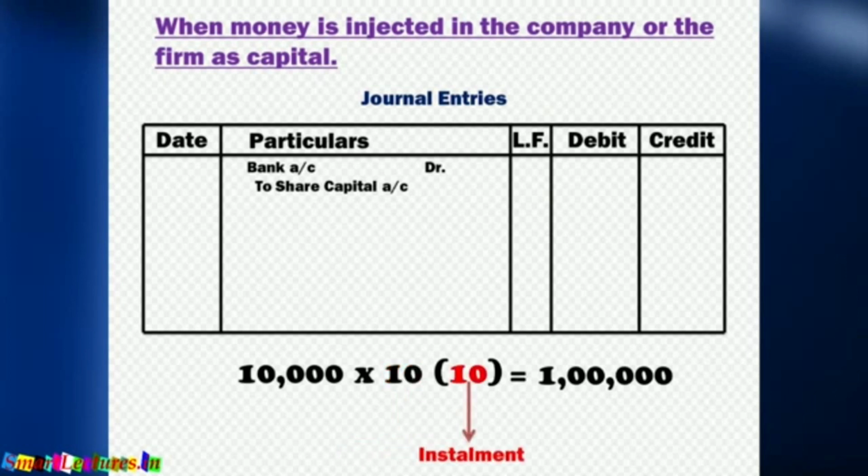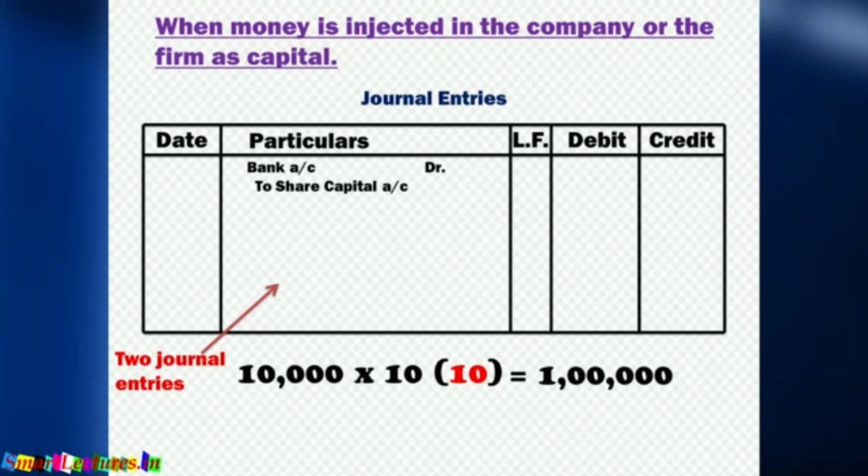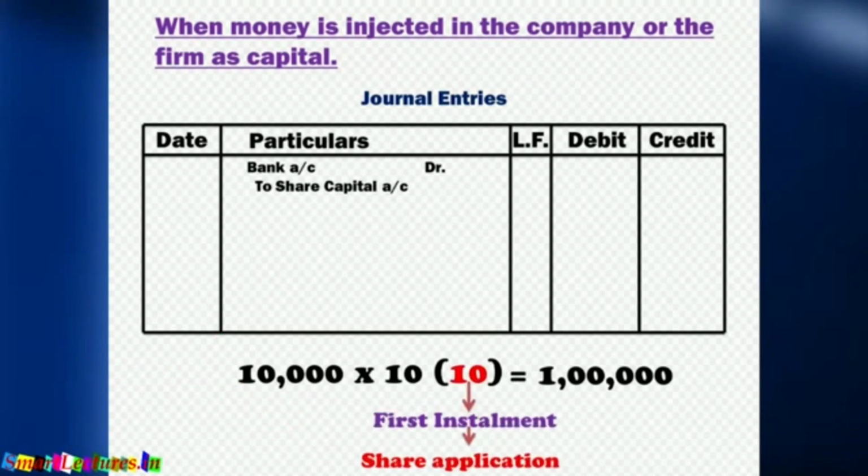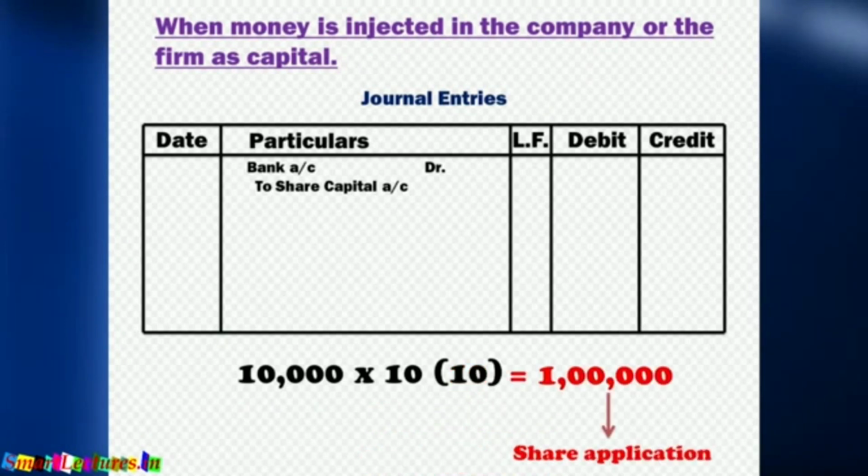In every installment in company, two journal entries are passed. One journal entry is for receipt and the second journal entry is for transfer. Let me explain how it's happening. This is share application money because first installment is called share application. So the whole of the money is share application money.